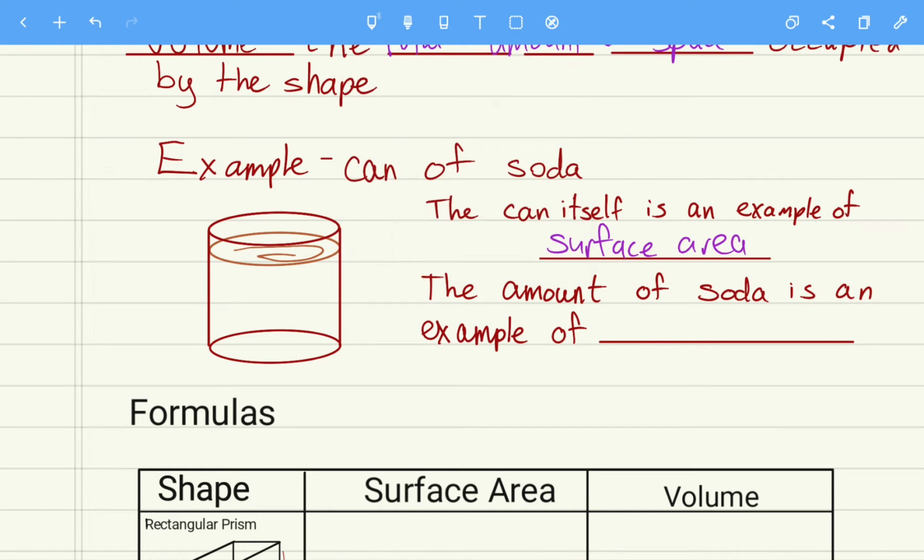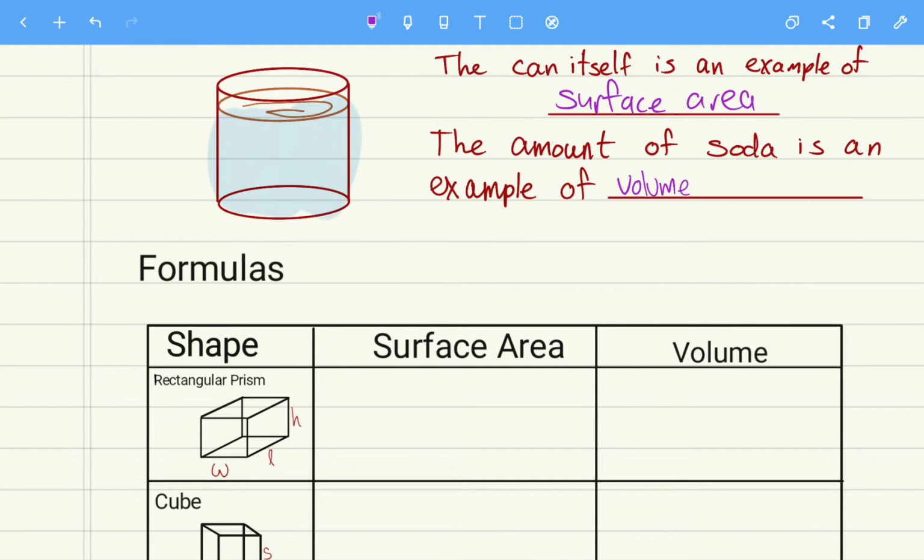Now the liquid on the inside, however much soda you have, that would be an example of volume. So surface area, the can, volume, the soda.